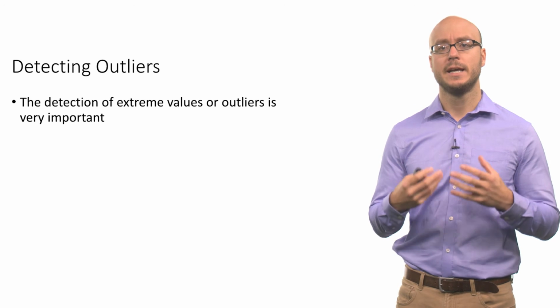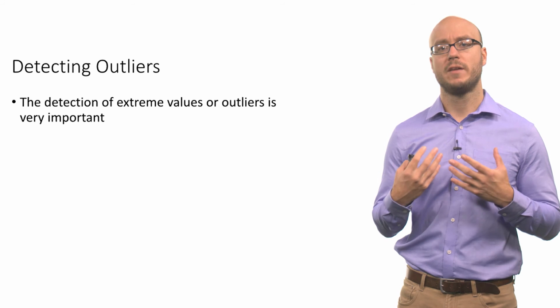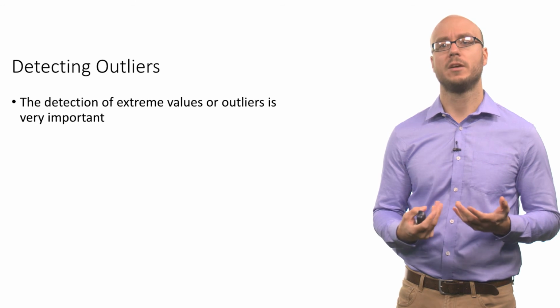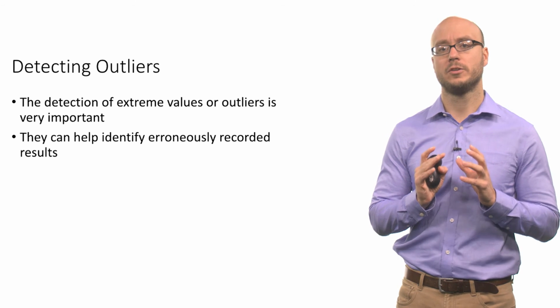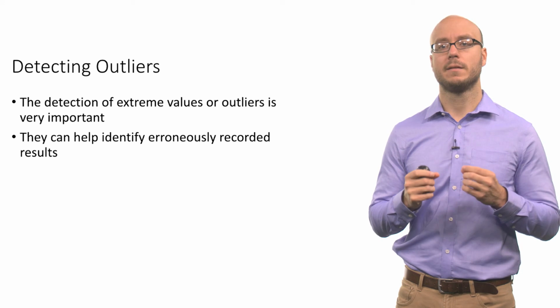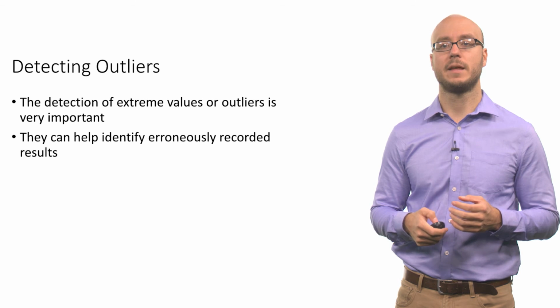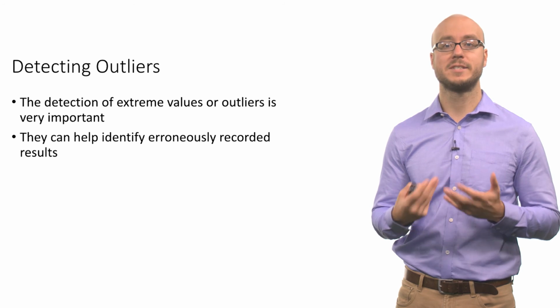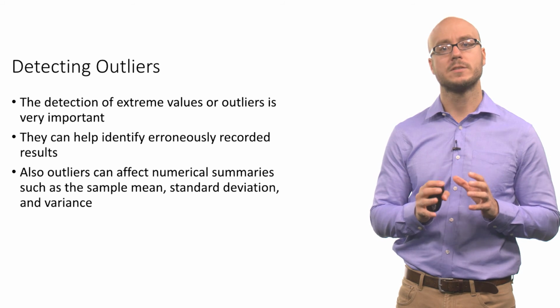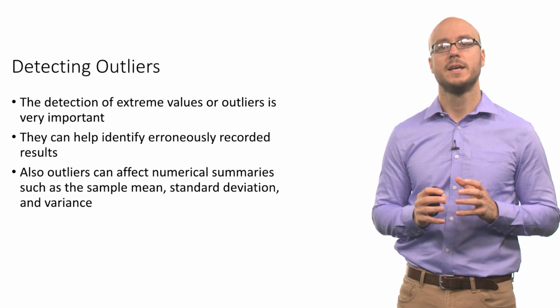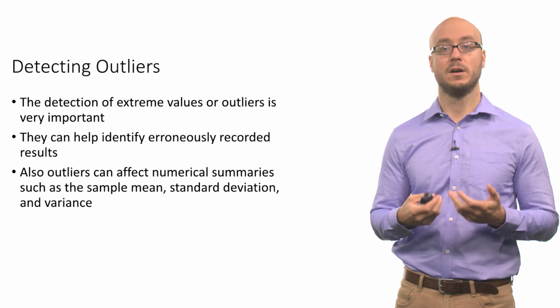But what is an outlier? There is no one rule for detecting an outlier. In a box plot, we have a particular way of understanding what an outlier means. Outliers are very important when we are doing research because they can help identify data that might be erroneously recorded, so we might have a mistake. The other important point about outliers, the reason why we're so interested in them, is that they can affect our summaries of data.